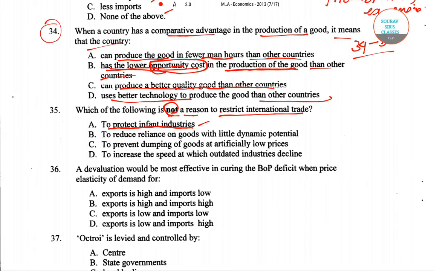We put a high tariff or quota to support the domestic infant industries. The second option is to reduce reliance on goods with little dynamic potential. Then, to prevent dumping of goods at artificially low prices. This is obviously a reason why we put international trade restrictions. And to increase the speed at which outdated industries decline.